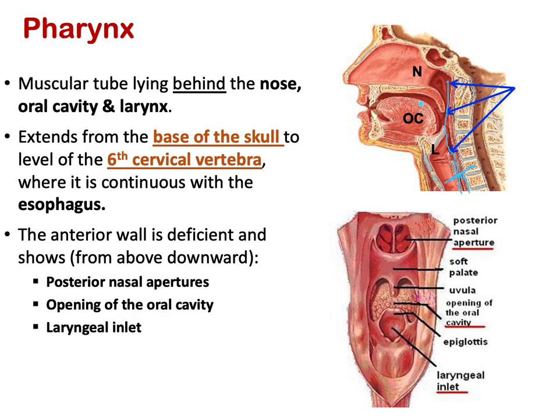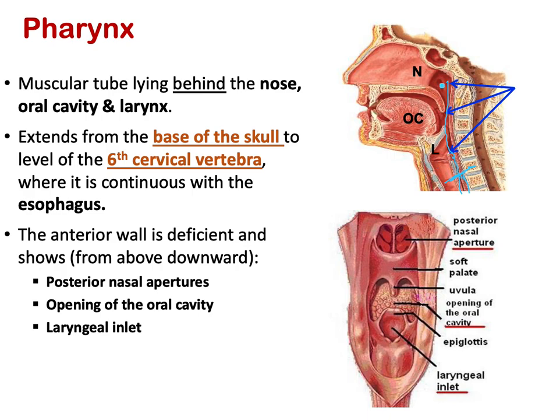The anterior wall of the pharynx is deficient, and it shows from above to below that there is an opening anteriorly. We know that the pharynx is posteriorly closed, but anteriorly it's open to the nose, oral cavity, and larynx.